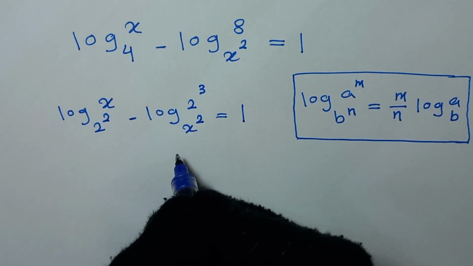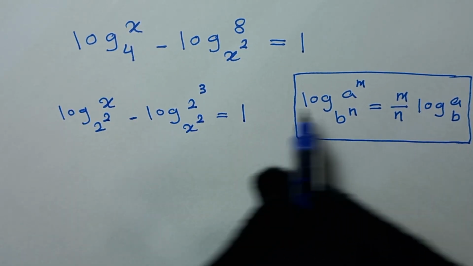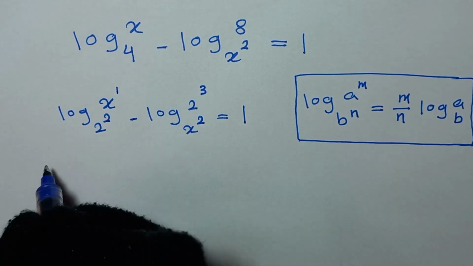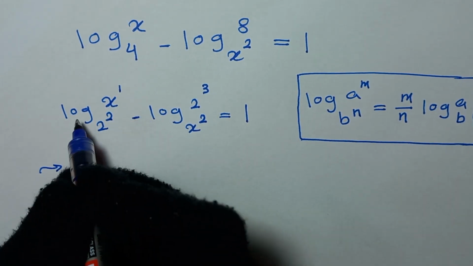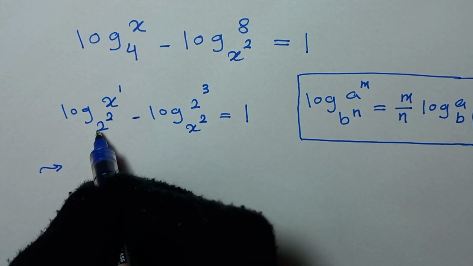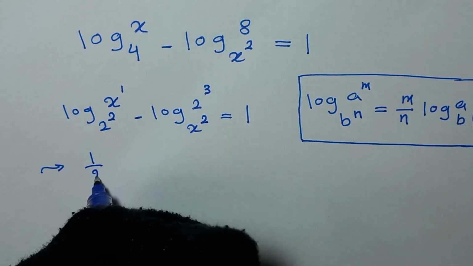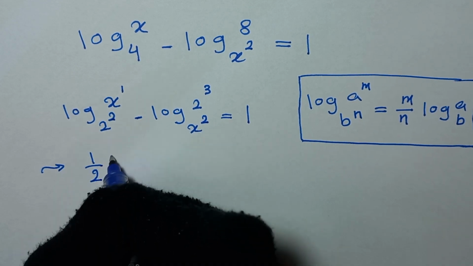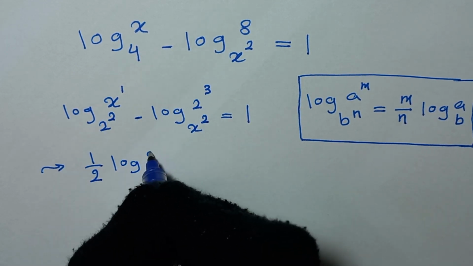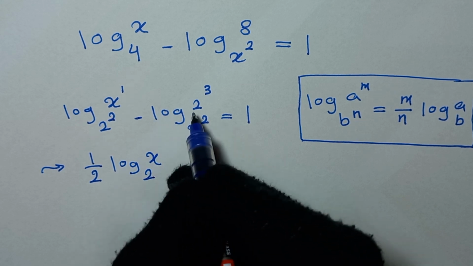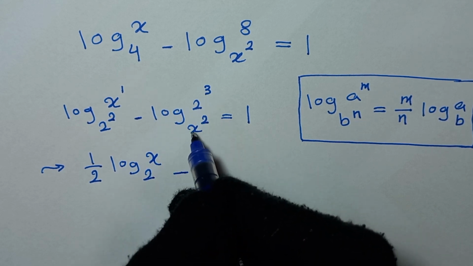So, from this formula, we can write x as x to the power of 1, right? So in here we have log of x to the power of 1 to base 2 to the power of 2. We can write this as 1 over 2 times log of x to base 2, right? And the minus, we have log of 2 to the power of 3 to base x to the power of 2.